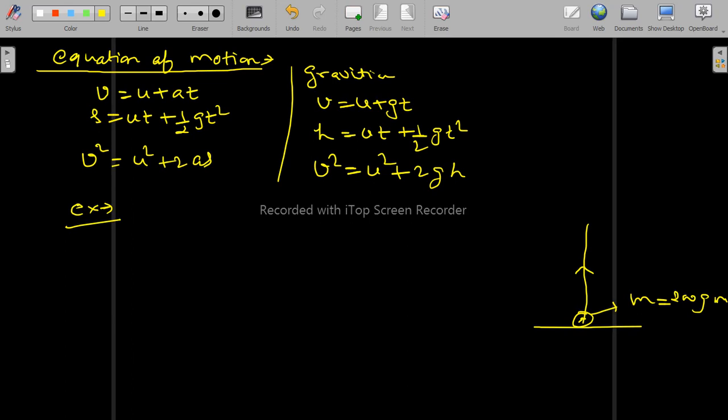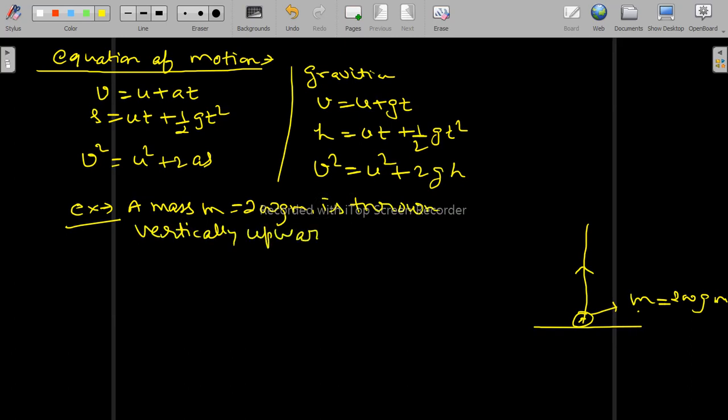Suppose there is an object of mass m, 200 gram, thrown vertically upward with an initial velocity of, suppose, 40 meter per second.